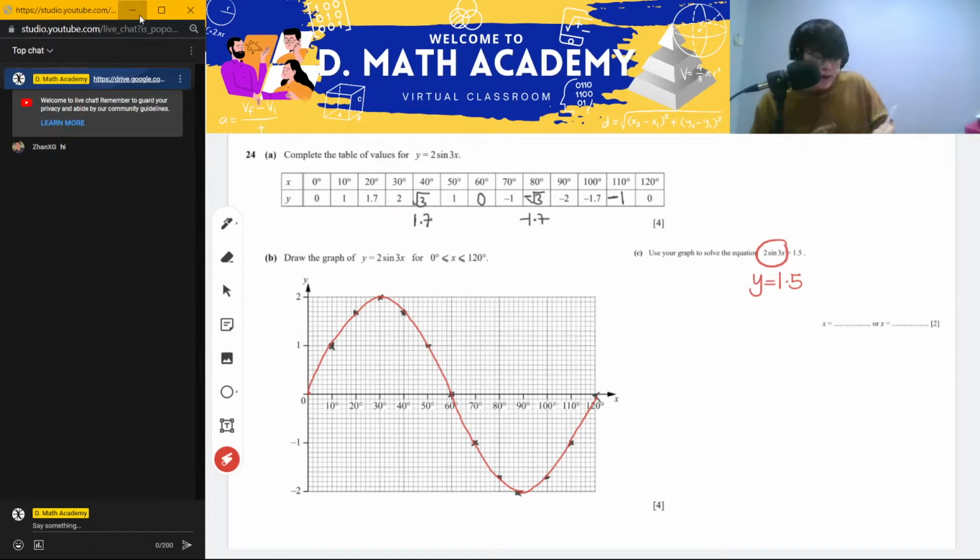So for y equals 1.5, they're asking you to draw a line over here. I couldn't quite draw it out, it wasn't quite accurate here, but roughly you get the idea.